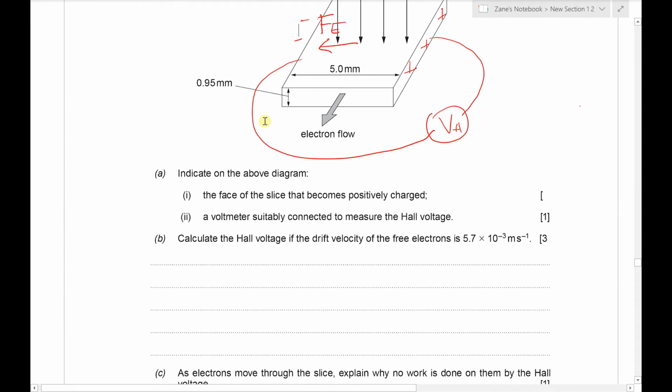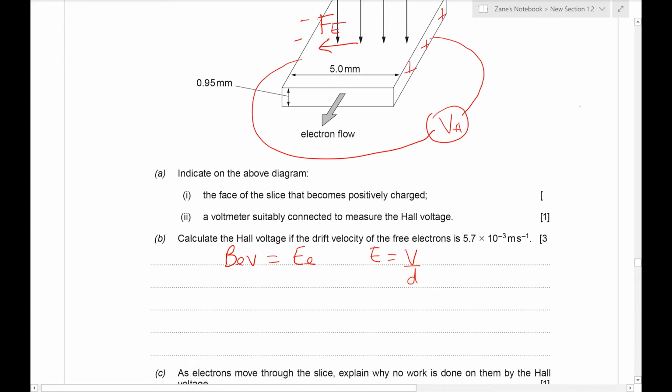To calculate the Hall voltage, we have to realise that there's a balancing between electric and magnetic forces. The magnetic force on the electrons is BeV. The electric force on the electrons is the electric field set up between the two opposite faces of our semiconductor chip times the charge of the electron. But we can also remember that E is equal to V over d.